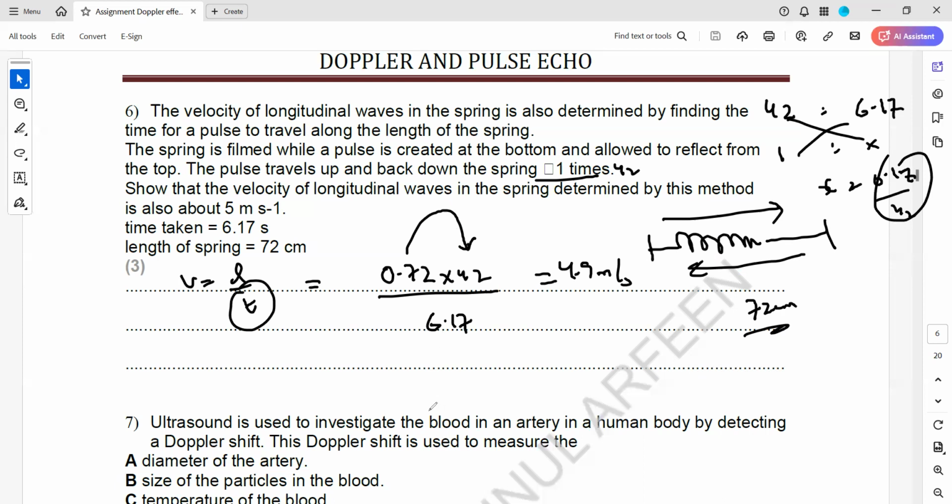Is it clear, this one? It's the same method: the total distance is 0.72 times 42, because it is going 42 times, and the total time interval is the time it takes, that is 6.17. This is a total time, okay? That's why I did not multiply this. Is it clear, this question?